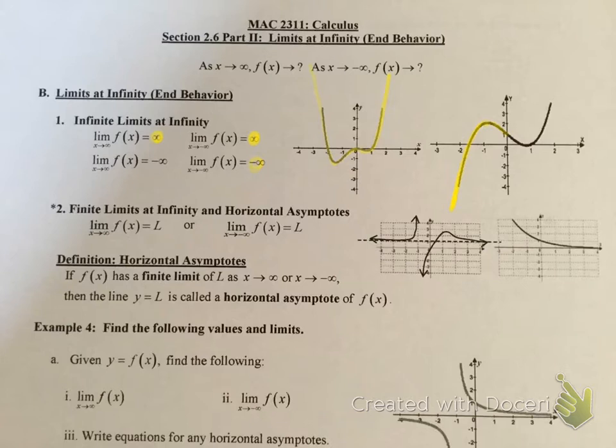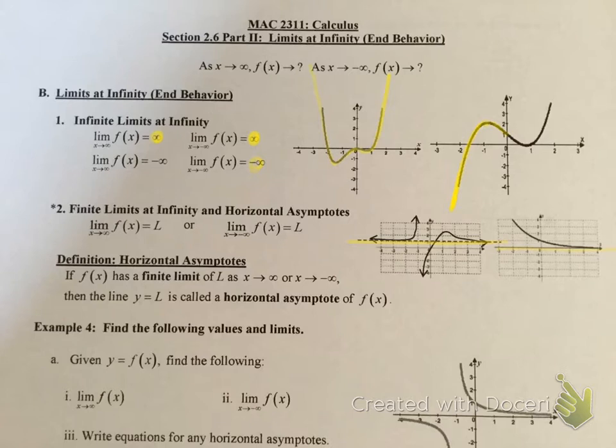So in the image over here to the right, we can see that dotted line showing a horizontal asymptote. And in this case, the line is y equals 0. In the other example of the graph, we see that this function is approaching 0 again. So the horizontal asymptote would be 0.